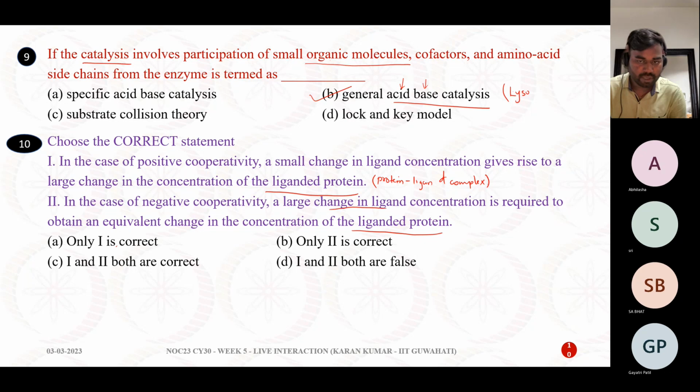What occurs in positive cooperativity? Any guess?